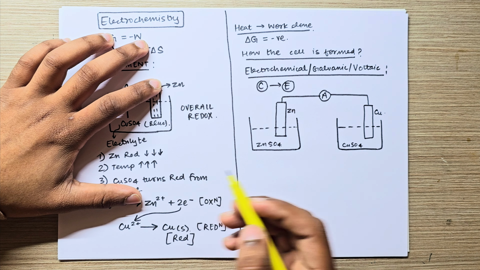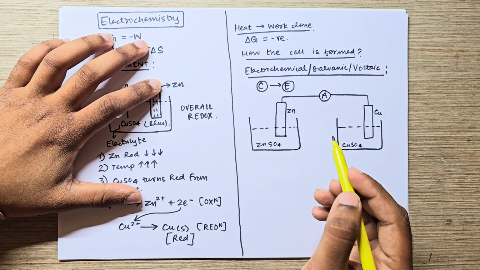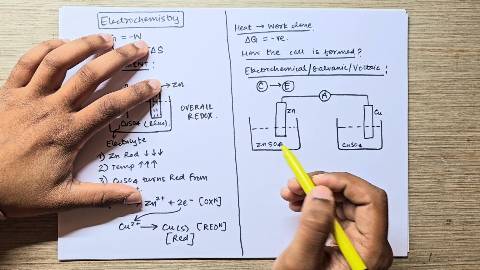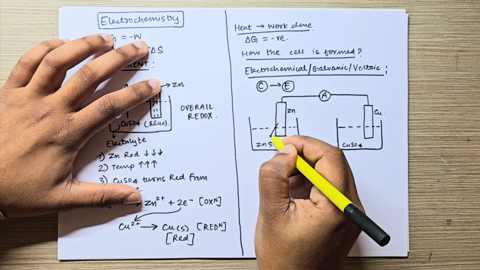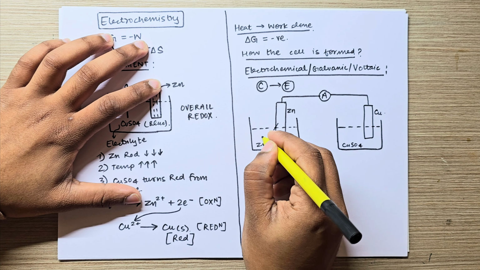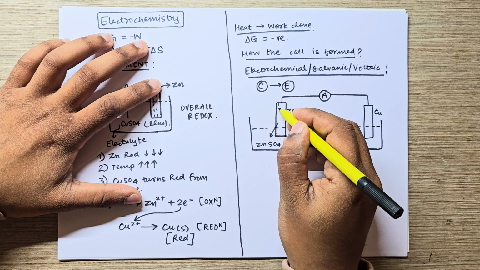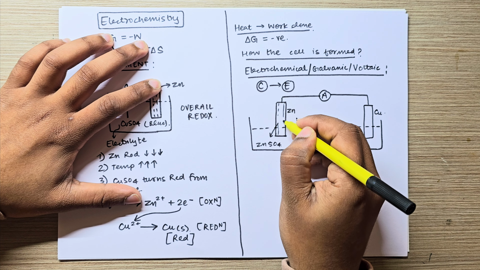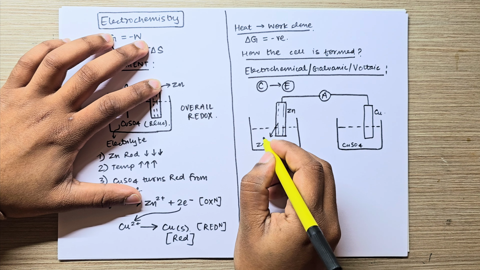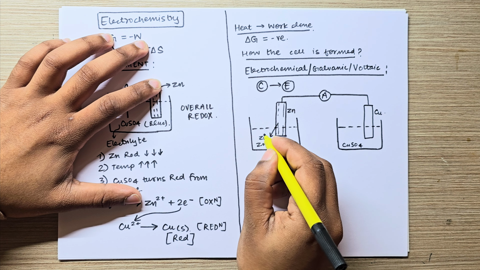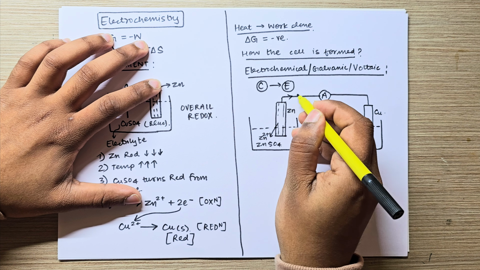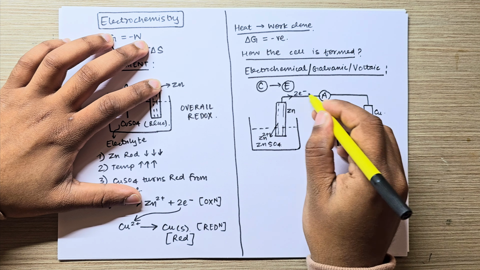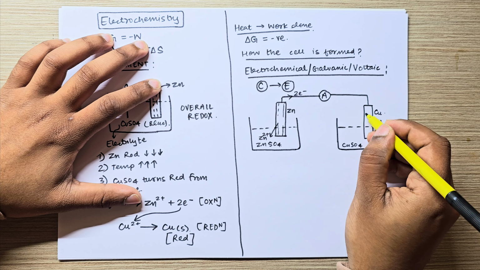Now based on the electrochemical series, this Zn loses its electrons. This Zn becomes thin after some time, gets into the solution and loses two electrons. These electrons are transported through this wire to the copper strip.